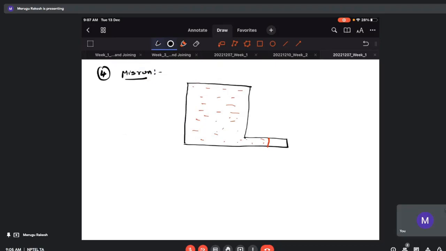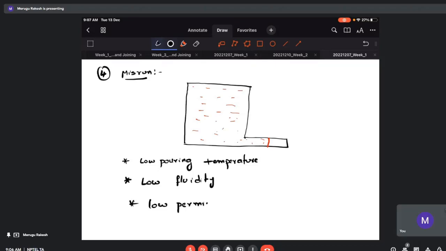The reasons for this are low pouring temperatures, low fluidity, and low permeability of the mold.